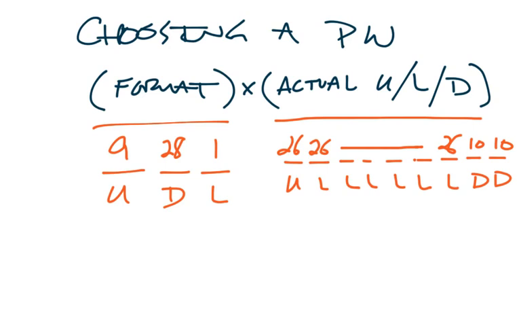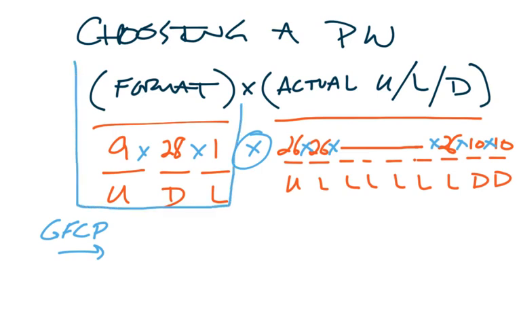All right, so now we multiply all of these things together to get our final answer, and this is all by the generalized fundamental counting principle. All right, so we're just going to have a gigantic line of numbers multiplied together. And the reason why I put this multiplication in the middle is that this situation describes the first decision we make in creating a password, which is the format.